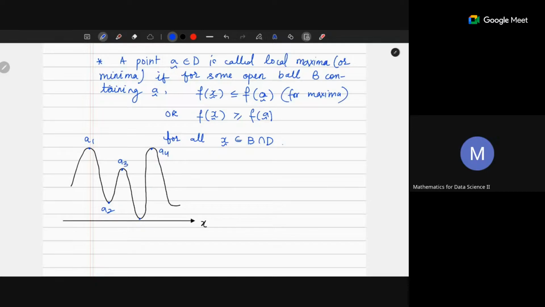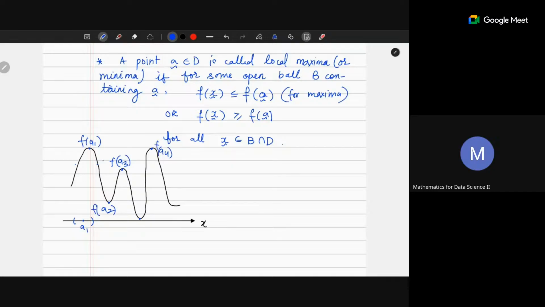A1 is a maxima, but only in some local neighborhood. If I look at a small ball in the domain around point A1, it is not at the top; it's f of these points.